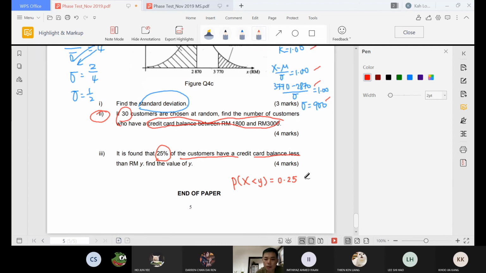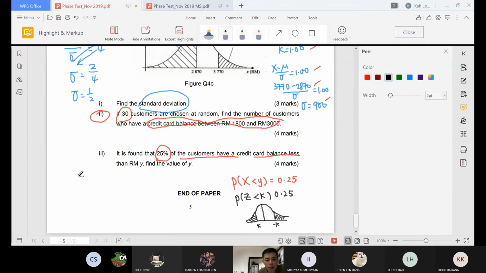Now you can always change to the z-score. Same thing. You change to the z-score first. P(Z less than k) is 0.25. And then you draw the diagram. So this is k, and then you will reflect to negative k.